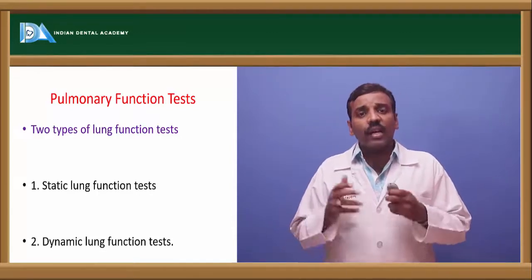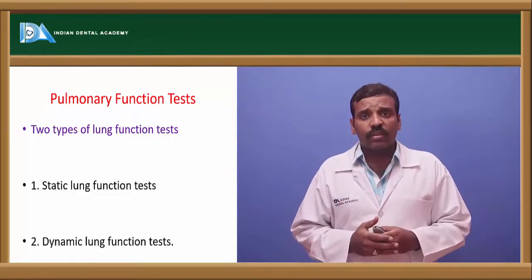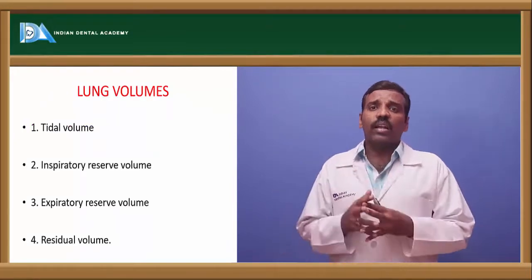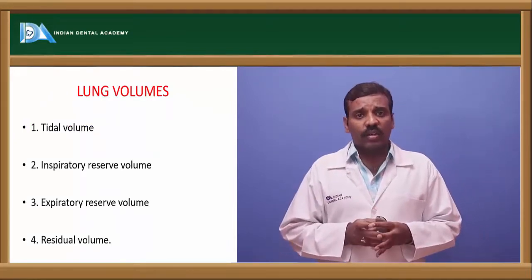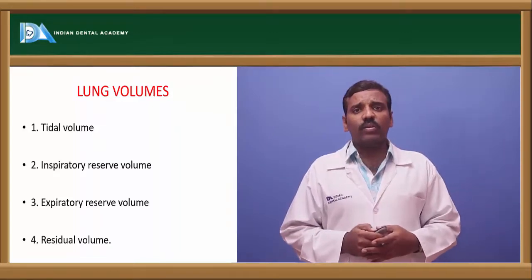One is the static lung function test and the other is the dynamic lung function test. In the static lung function test, lung volumes and capacities are present. First is tidal volume.